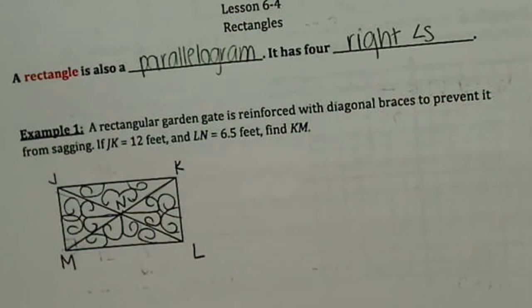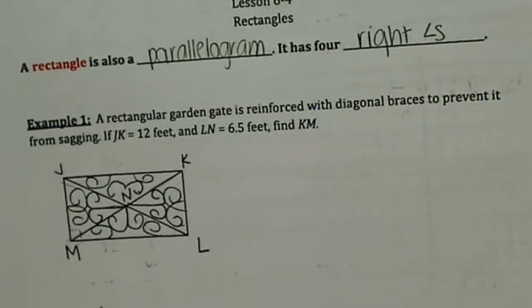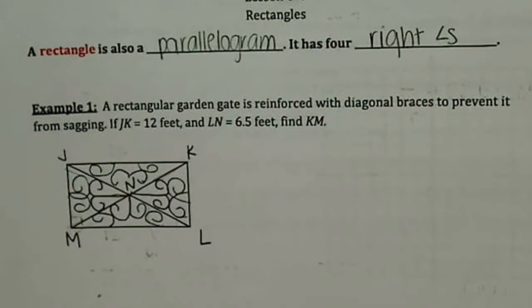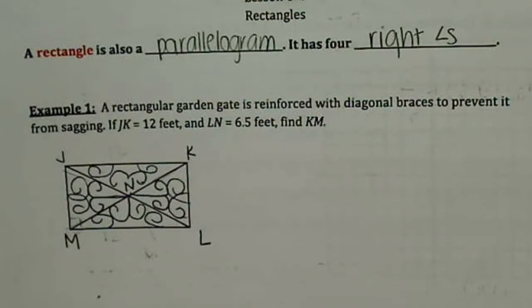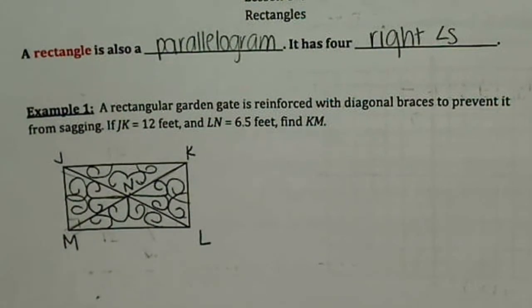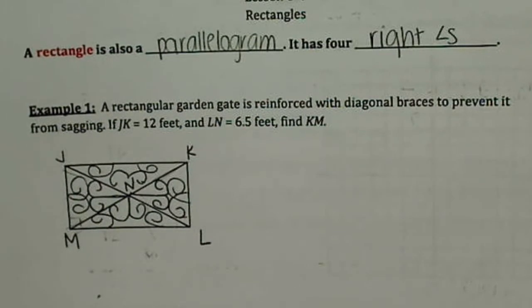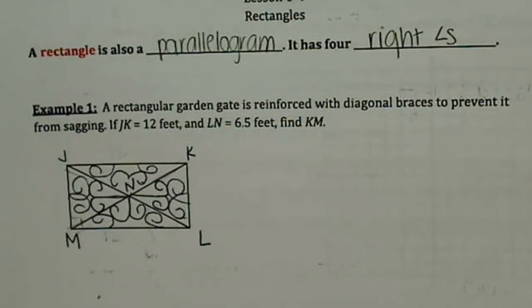Because of the way it is, its diagonals are always going to be congruent with one another. So they bisect each other, yes, but where they bisect makes 4 congruent sections, not just 2.